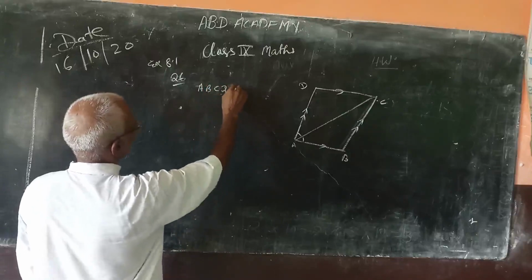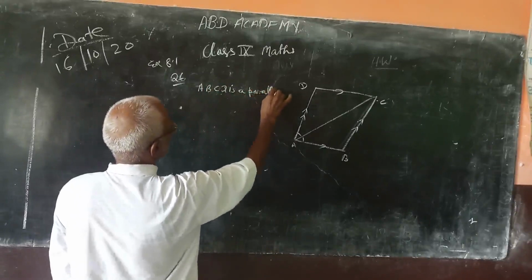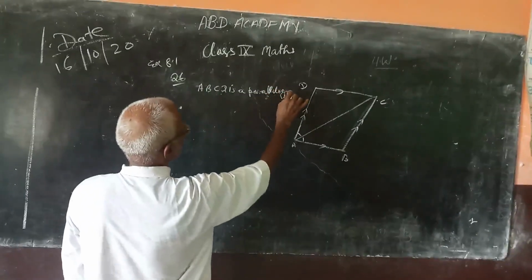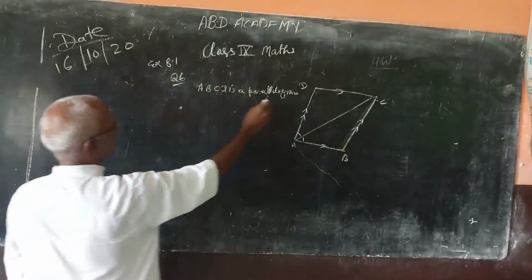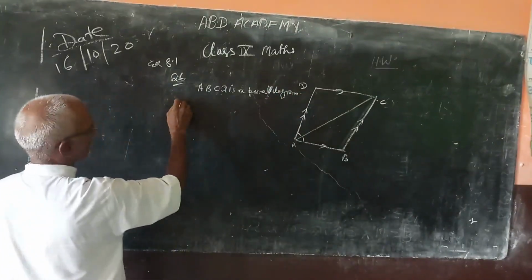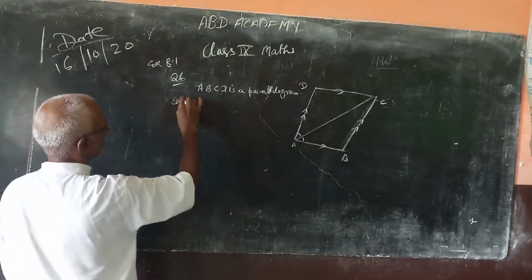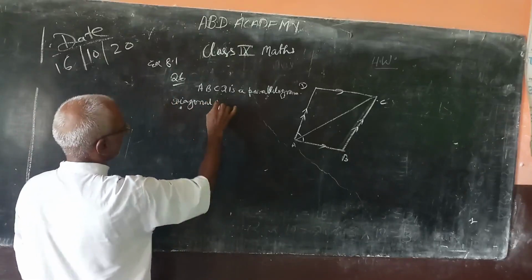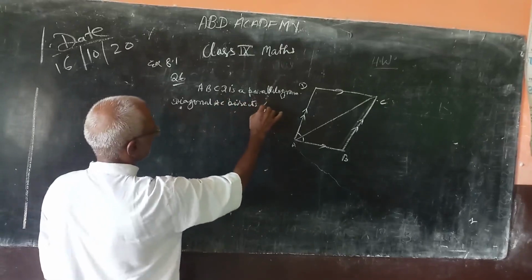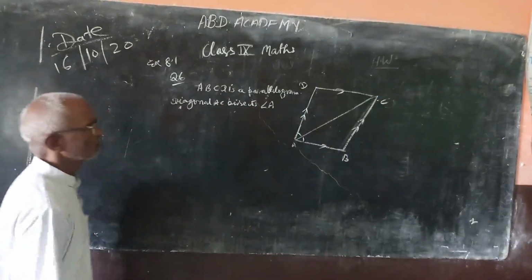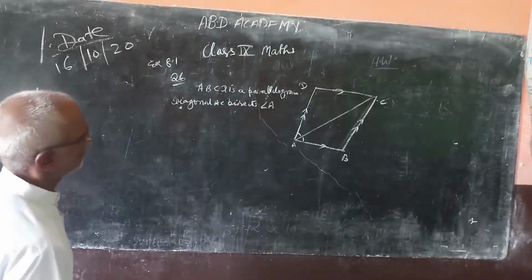ABCD is a parallelogram, and diagonal AC bisects angle A, which means angle BAC and angle DAC are equal.